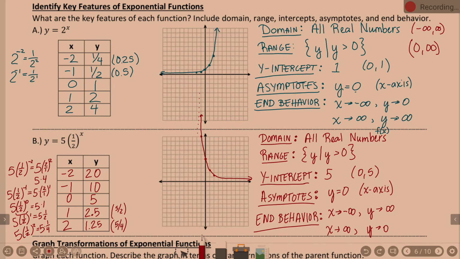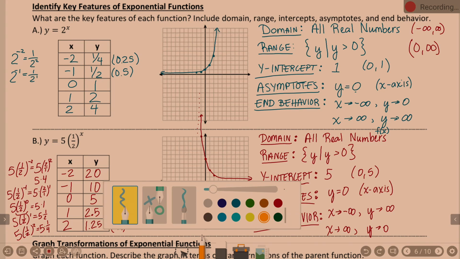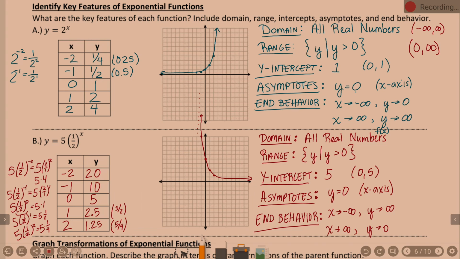Okay? And if you want, as x approaches negative infinity, realize this is asking as the graph goes left. As x approaches positive infinity is asking as the graph goes, not up, as the graph goes right.